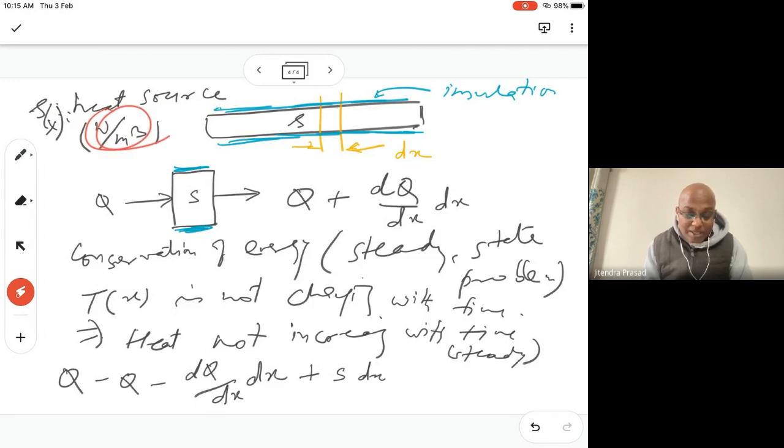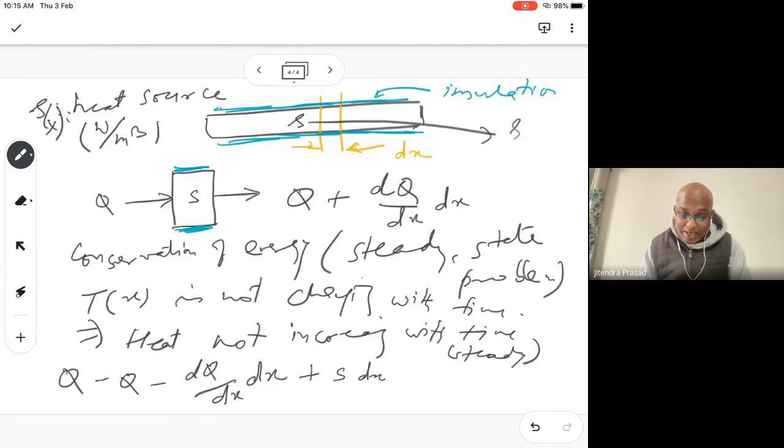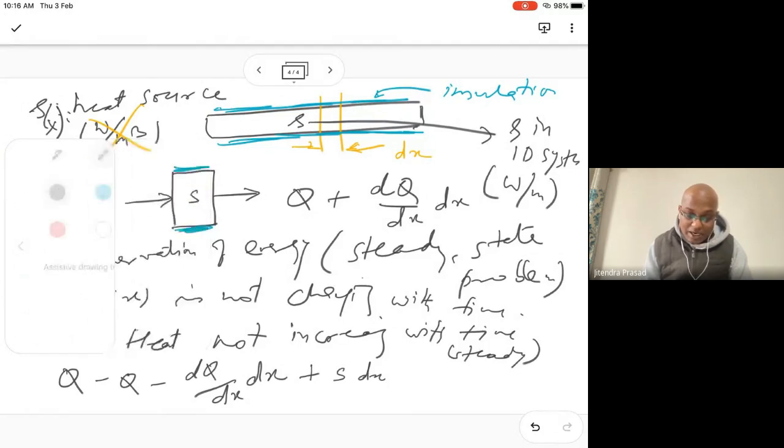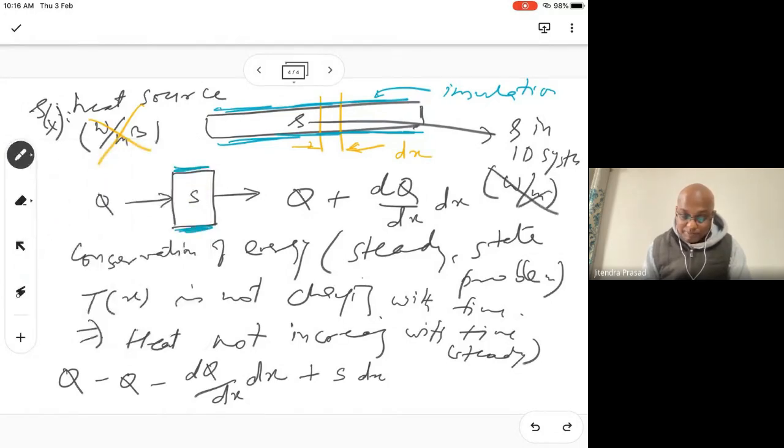Here the heat source is typically given as energy per meter cube, but this is a linear system. So S in a 1D system is typically in watts per meter. This is distributed, right? So we will take it as watts per meter.